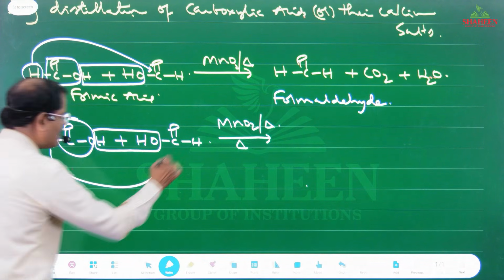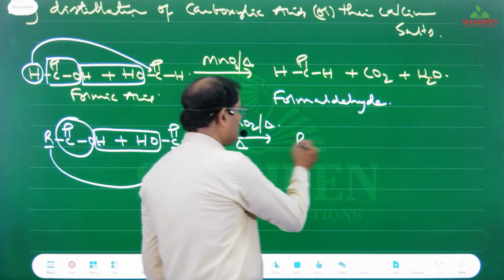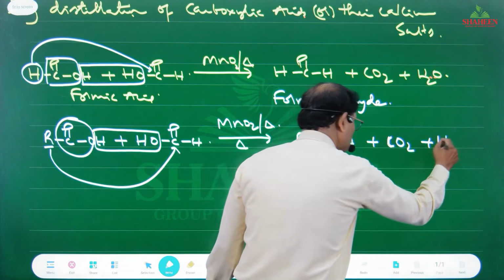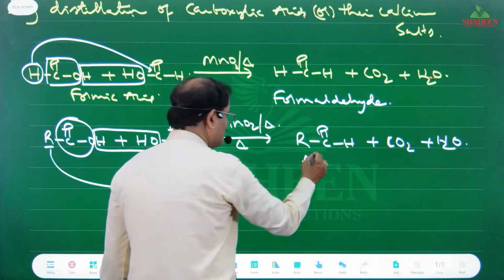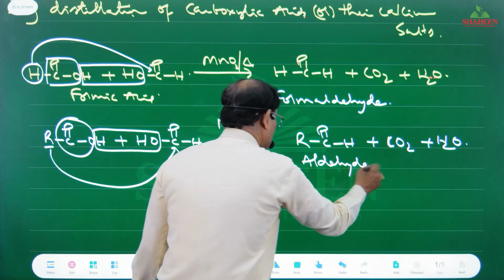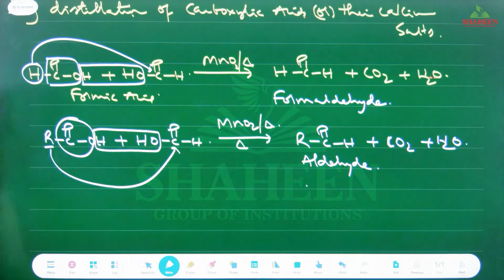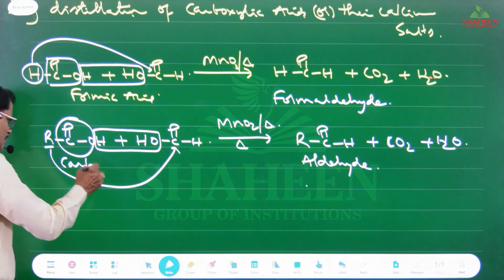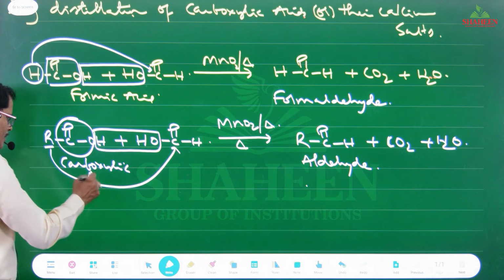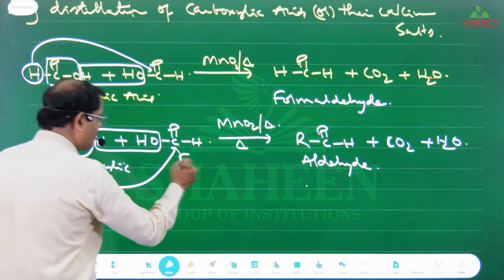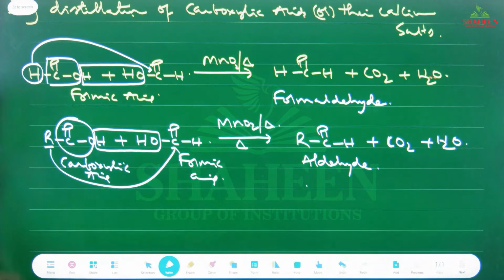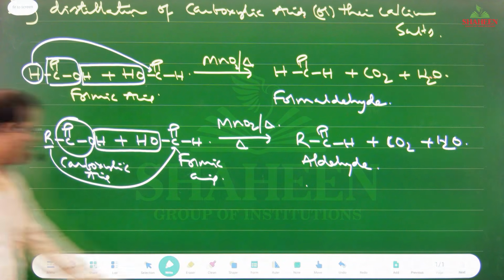This alkyl group is added to this one. So you get RCHO plus carbon dioxide plus water, an aldehyde. So a mixture of a carboxylic acid other than formic acid and formic acid, when heated in the presence of manganese dioxide, can give an aldehyde.